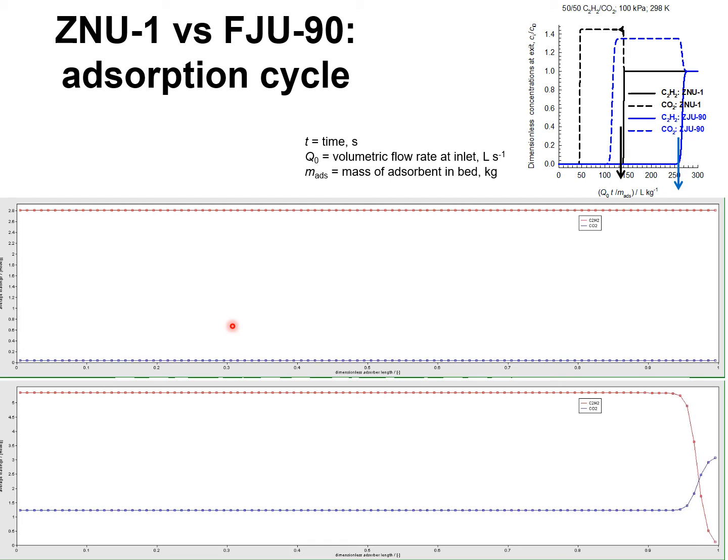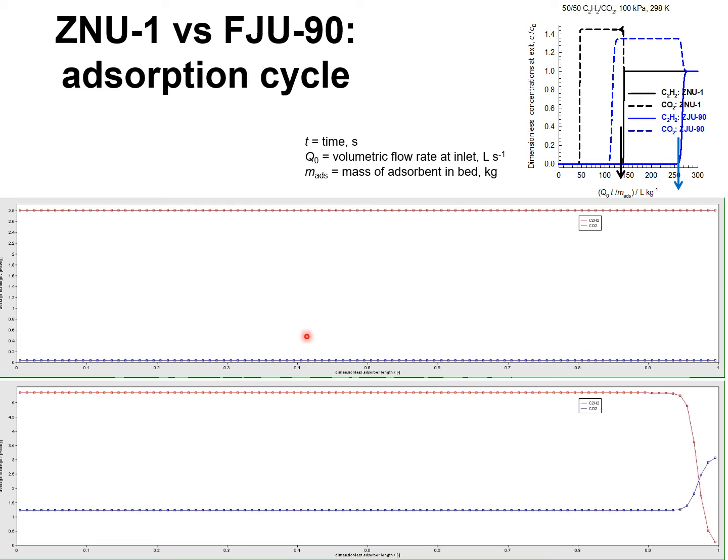For ZNU1, the situation is quite different. The CO2 loading at the start of the countercurrent vacuum blowdown is of the order of say 0.03 moles per kilogram, significantly smaller than the value for FJU90.